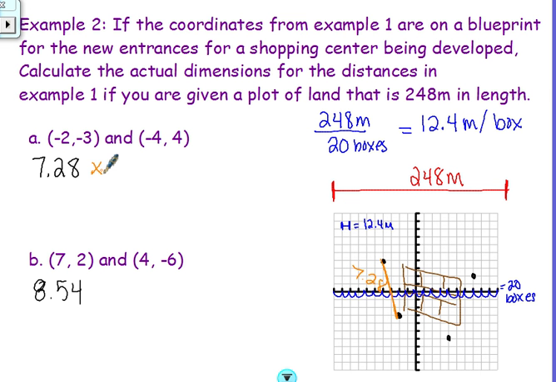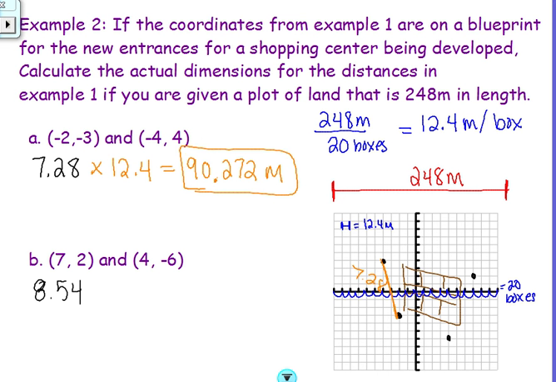If we times that by our 12.4, we would get 90.272 meters. So when we're building our shopping center from point A to point B, it's really 90.2 meters. That's how far it is from the first entrance to the second entrance point.